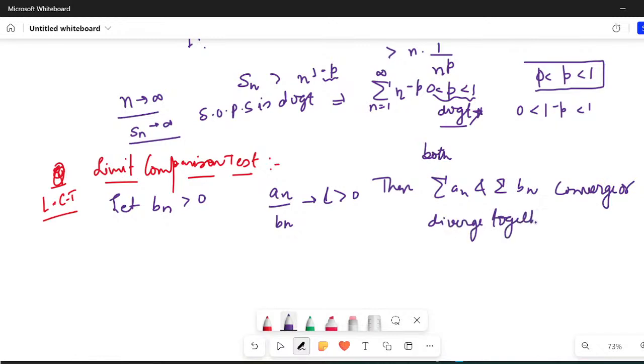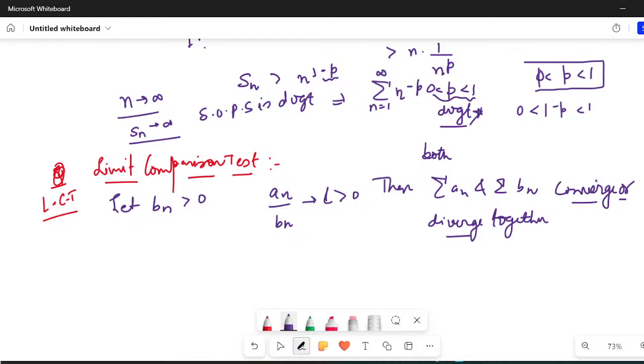This is an important concept, and I'll show you its utility. Don't worry. This is called the limit comparison test.